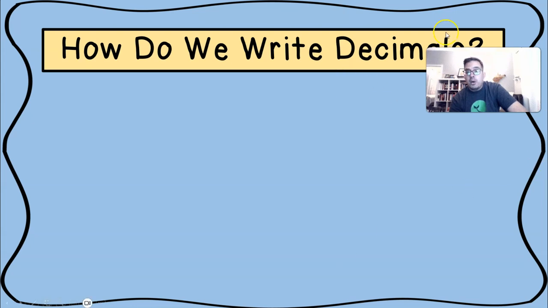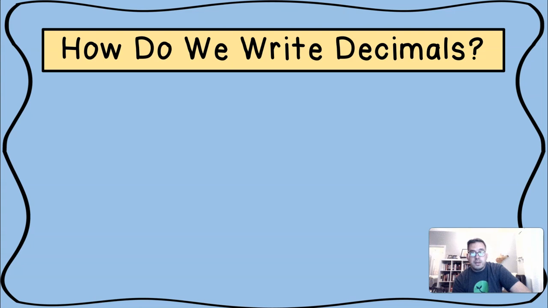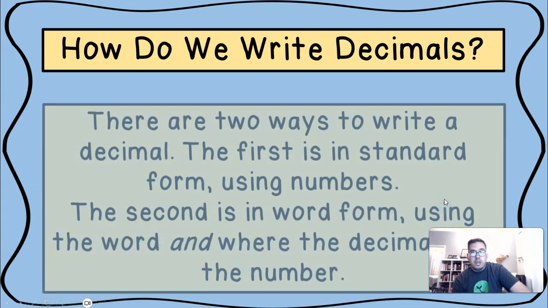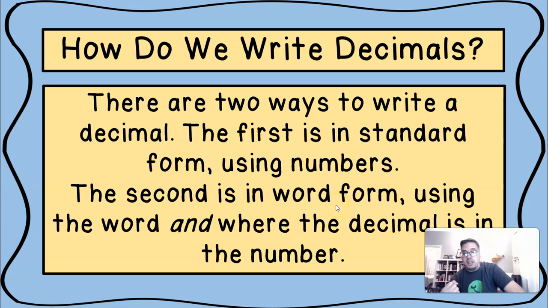Now, how do we write decimals? Well, there are 2 ways that we can write decimals. The first is in standard form by using numbers. So that's when we would use like the number 5 and 7 and 326. That's how we'd write it, making sure we put our decimal place in there.